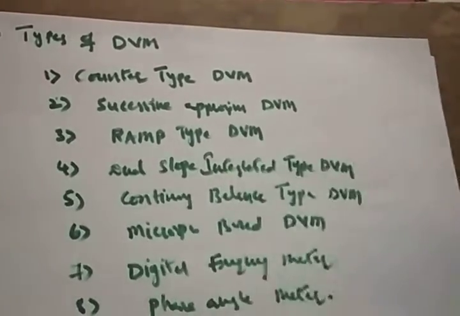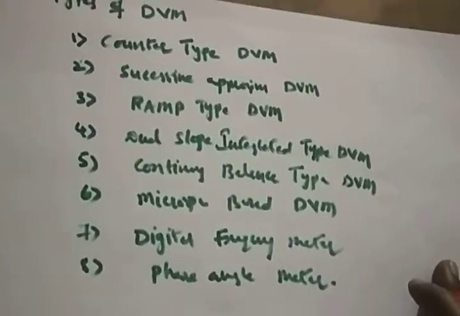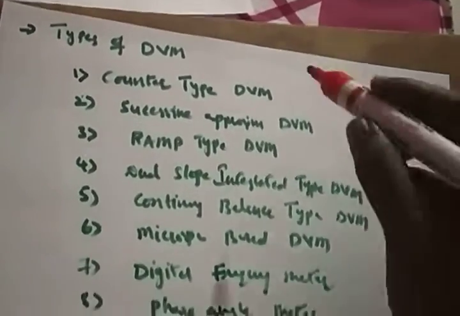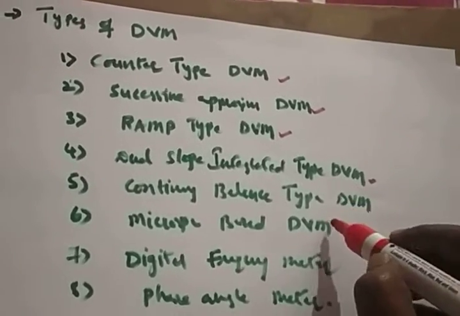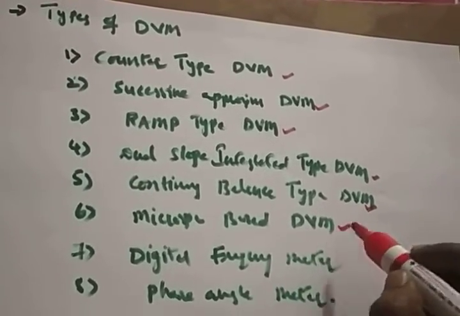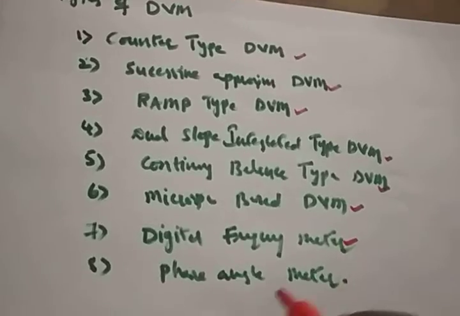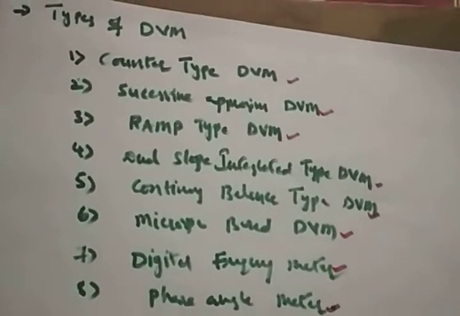It consists of a block diagram representation, and we'll discuss further. So there are basically 8 types: counter type DVM, successive approximation type DVM, ramp type DVM, dual slope integrated type DVM, continuous balance type DVM, microprocessor type, digital frequency meter, and digital phase angle meter.